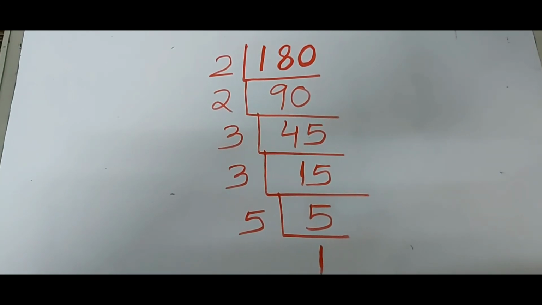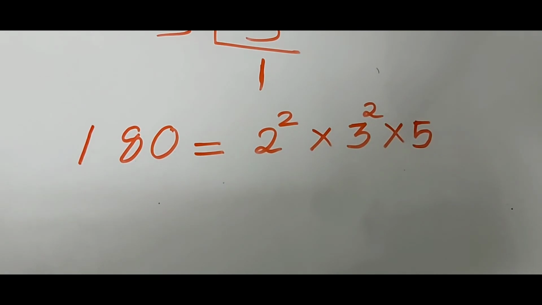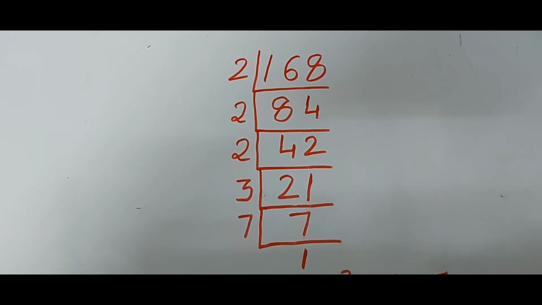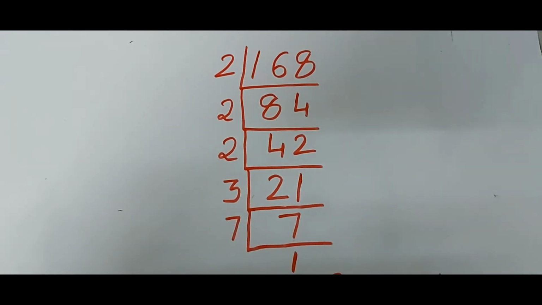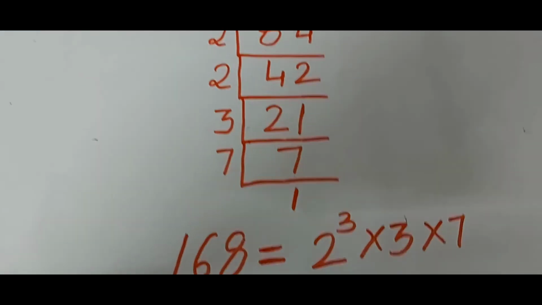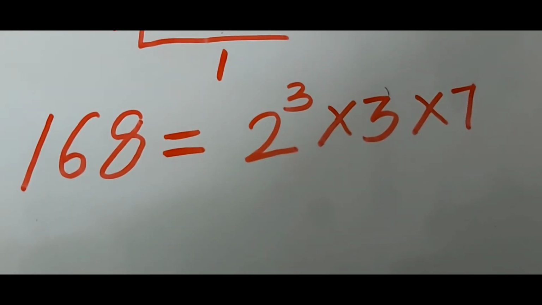So 180 can be expressed as 2 square into 3 square into 5. Similarly, 168 can be expressed as 2 cube into 3 into 7.